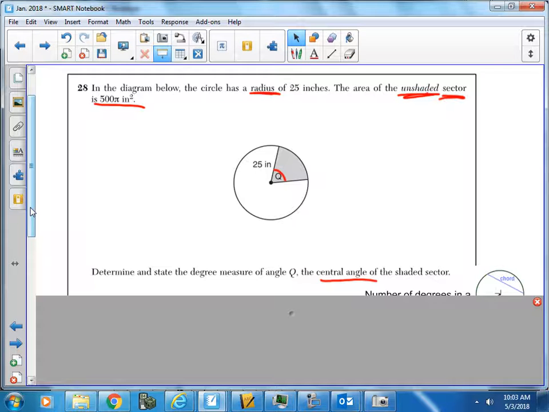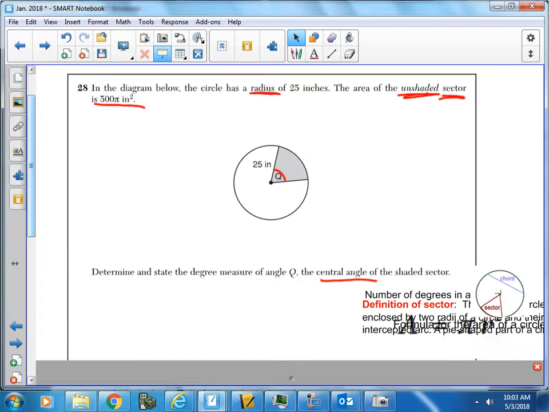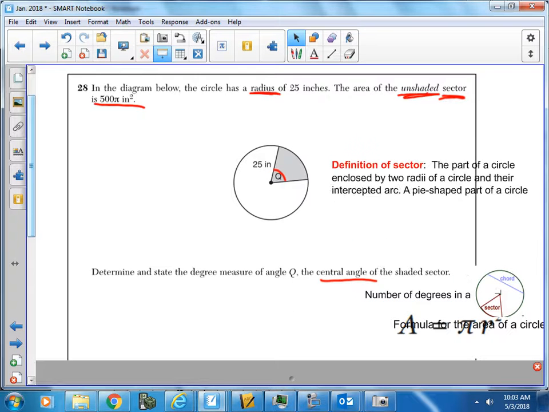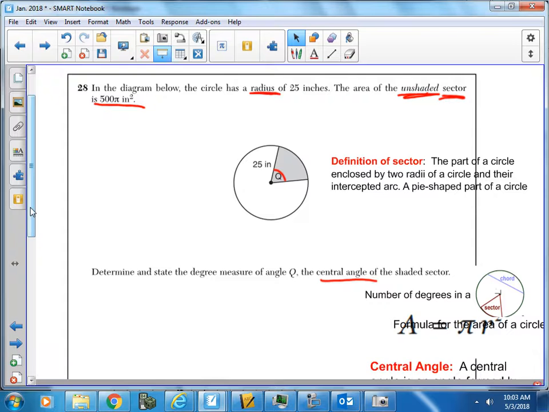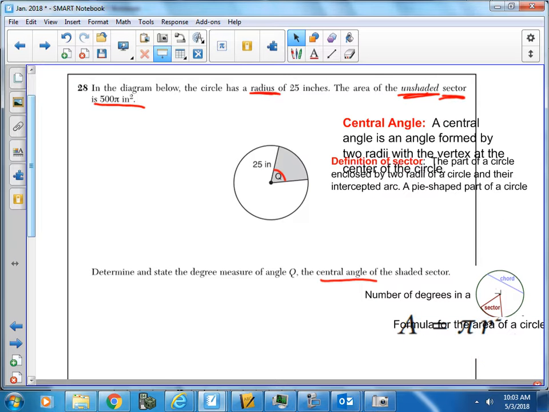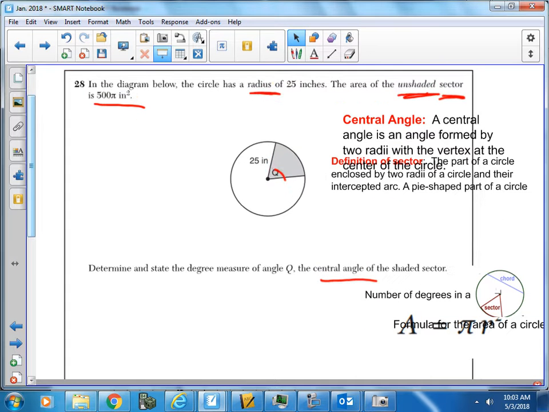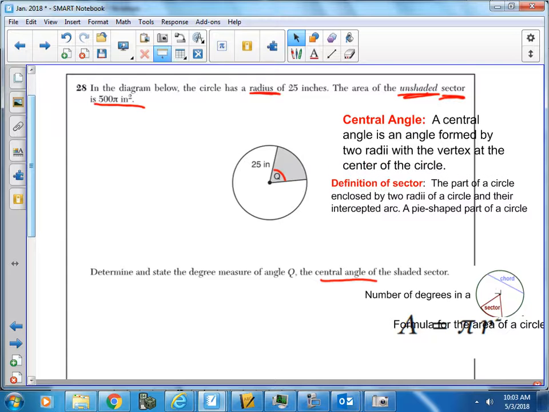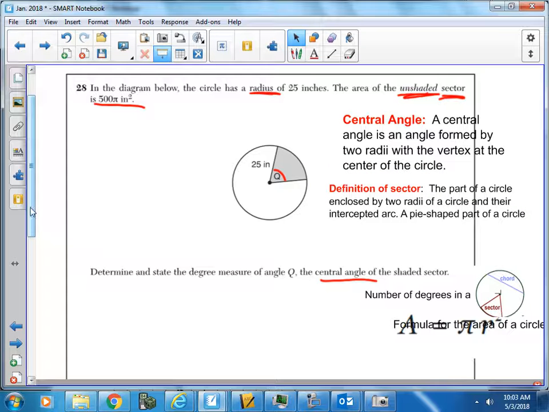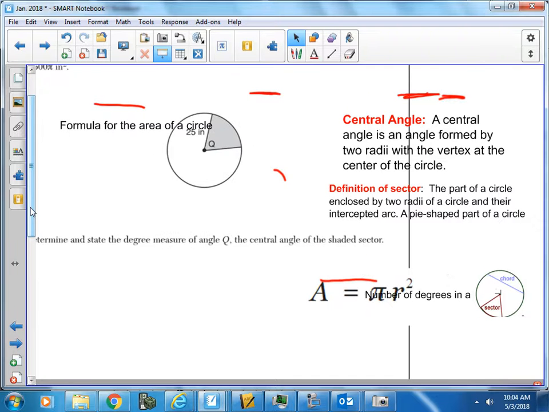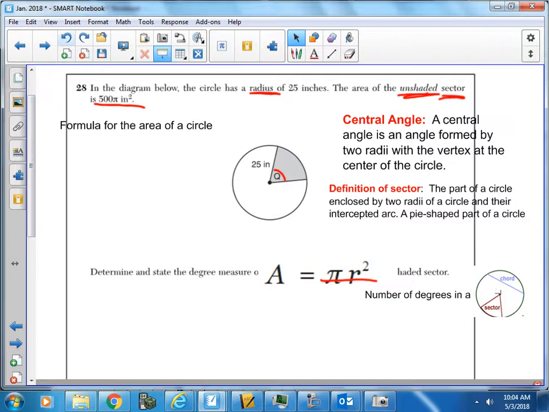I want you to write down some vocabulary here. So we need to know the definition of a sector. We need to know the definition of a central angle. We also need to know the formula for the area of a circle, that's right here.